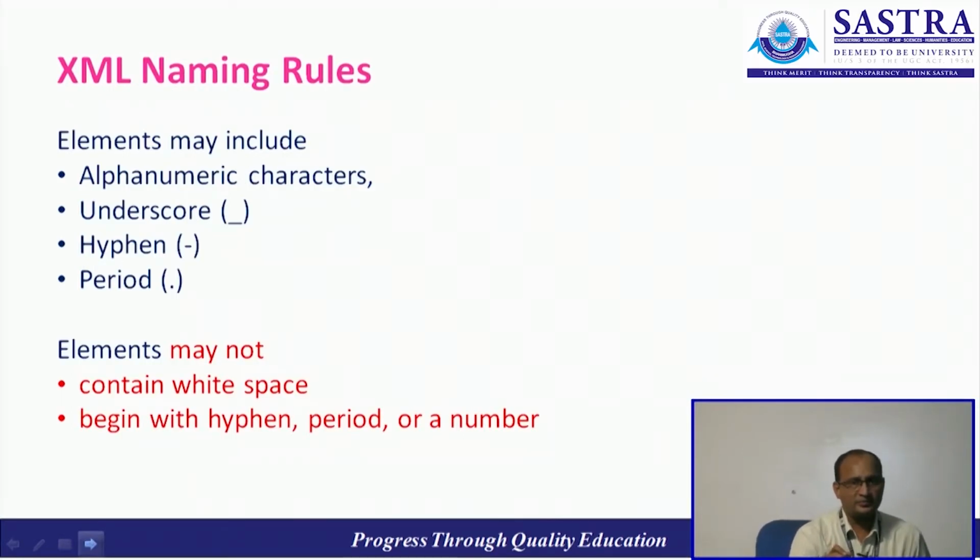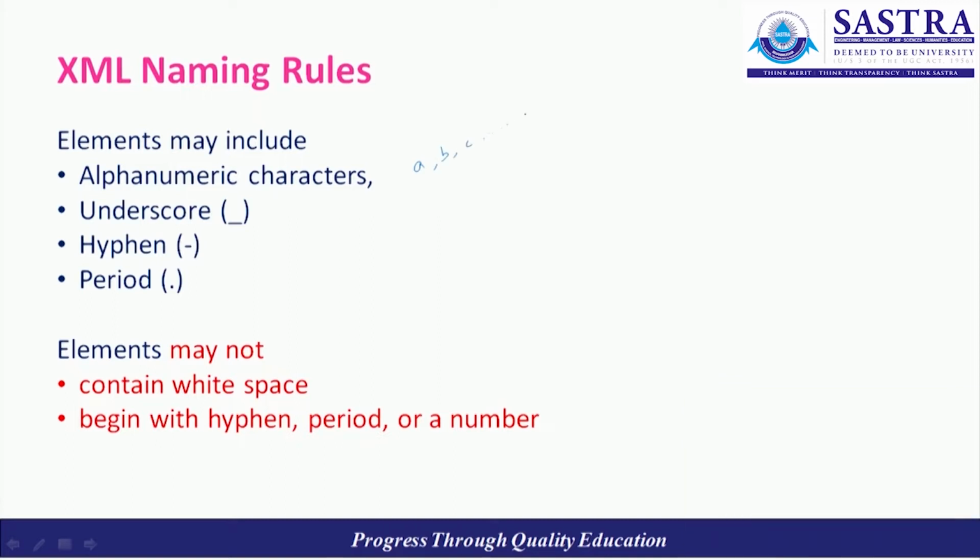Every element should follow the naming conventions. For example, the XML element may have alphanumeric characters. What is that? Small a, b, c, like that, small z, then capital A to capital Z, and numeric also allowed, 0, 1, 2, like this.